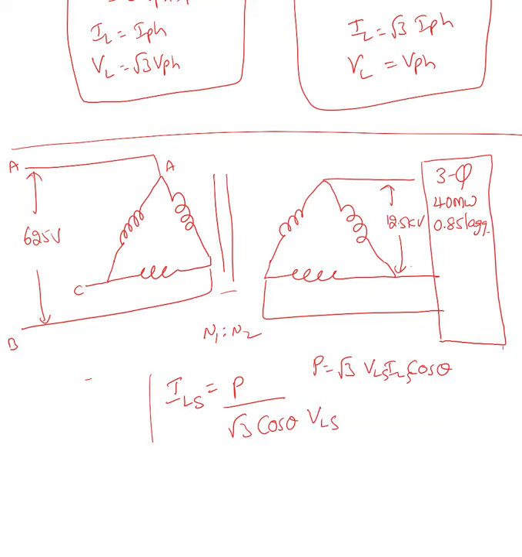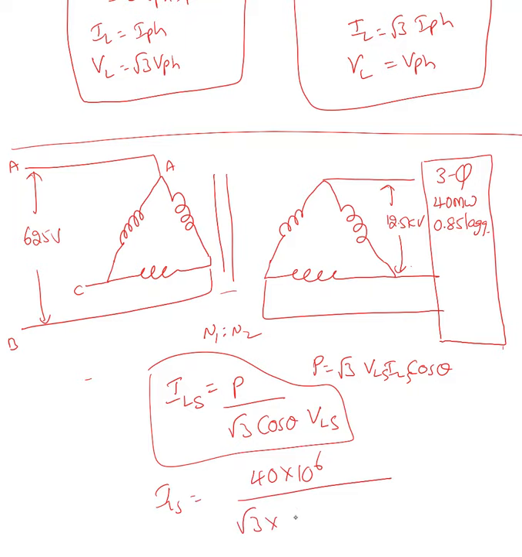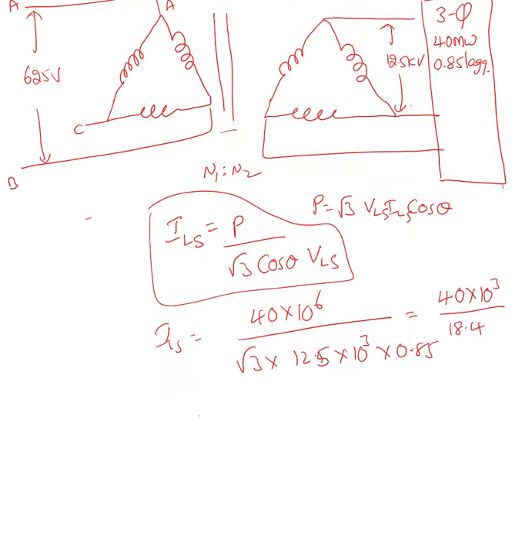So here is the formula. What is ILS? ILS equal to 40 mega, which is 10 to the power of 6, divided by square root 3 times 12.5 K. K is nothing but 10 to the power of positive 3, times 0.85. So here ILS equal to 2173.55 ampere.